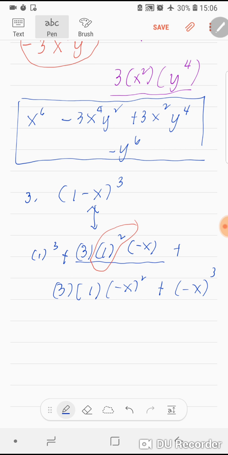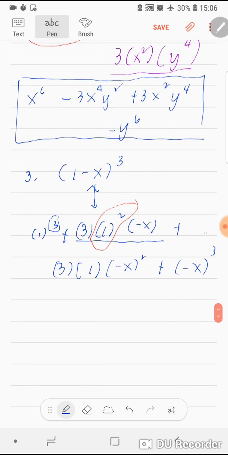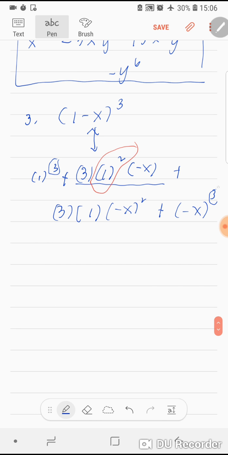You have to be careful and make sure that the first and the last terms are raised to the power of 3. Simplifying further, 1 to the power of 3 would just be equal to 1. Then negative 3x, minus 3x squared, and then negative x cubed.